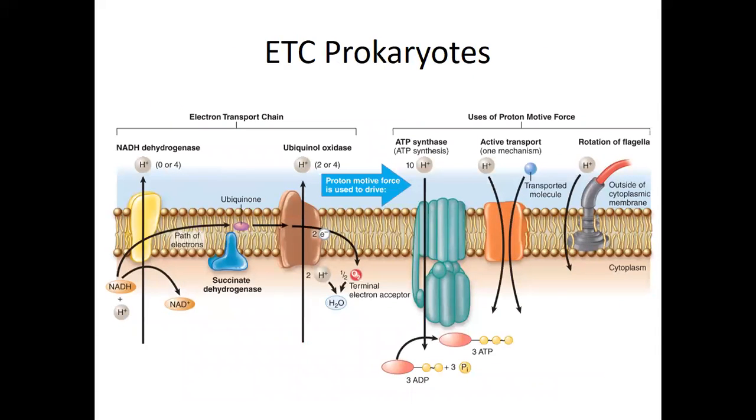In fact, prokaryotic cells are missing what we would call complex 3 in your cells, so they have one less proton pump. But their NADH dehydrogenase is the equivalent of your complex 1. The succinate dehydrogenase is the equivalent of your complex 2. And then ubiquinol oxidase is the equivalent of your complex 4.